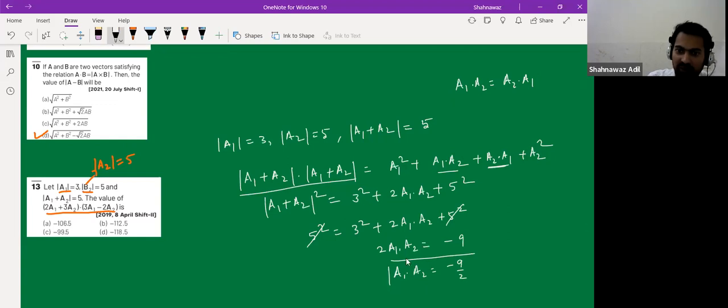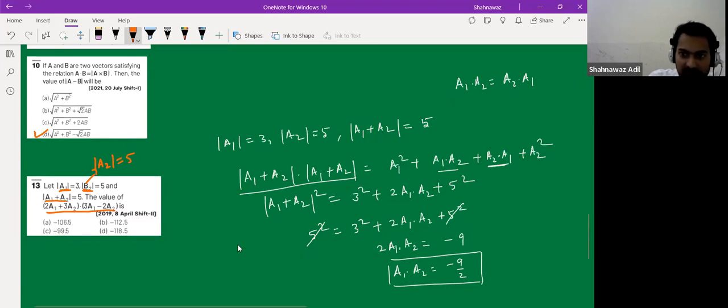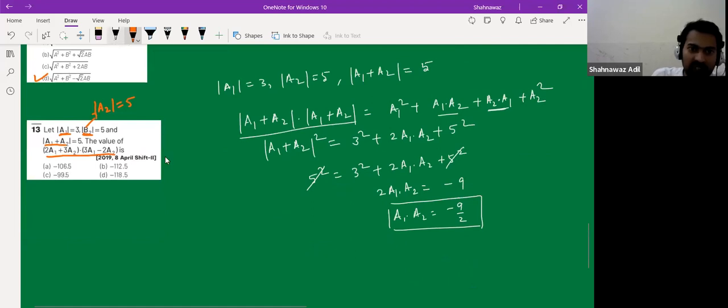So from these three pieces of information, we calculated A1 dot A2. And now we have to find this quantity: (2A1 plus 3A2) dot (3A1 minus 2A2).